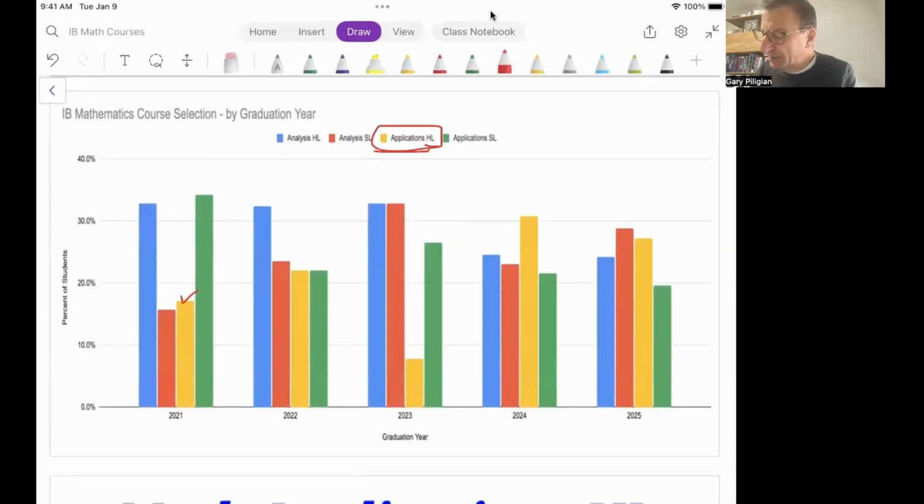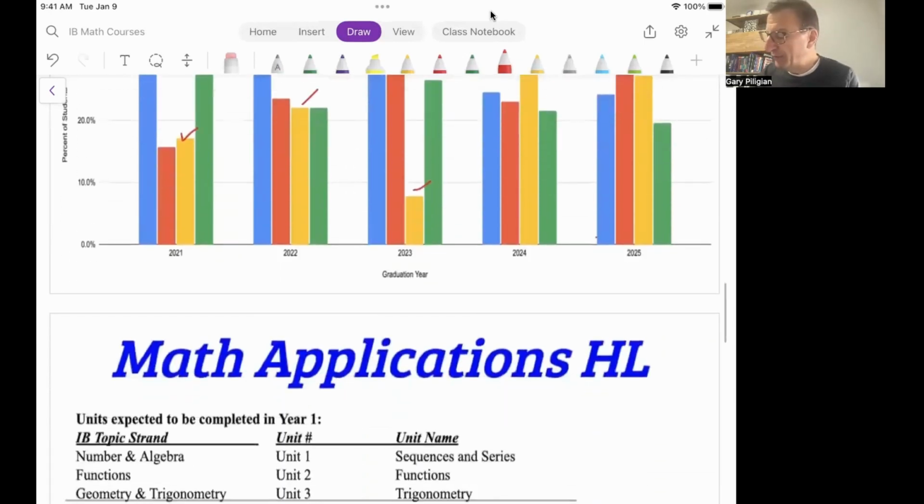It started between about 15% of the people, then 20%, and then 2023 was an off year. Fewer than 10% of the people took it, but it's been quite popular the last couple of years, with between 25 and 30% of the people choosing it. So I guess this is the hardest for us to predict as teachers, how many people are going to select this course, but it's been quite popular the last couple of years at WIS.